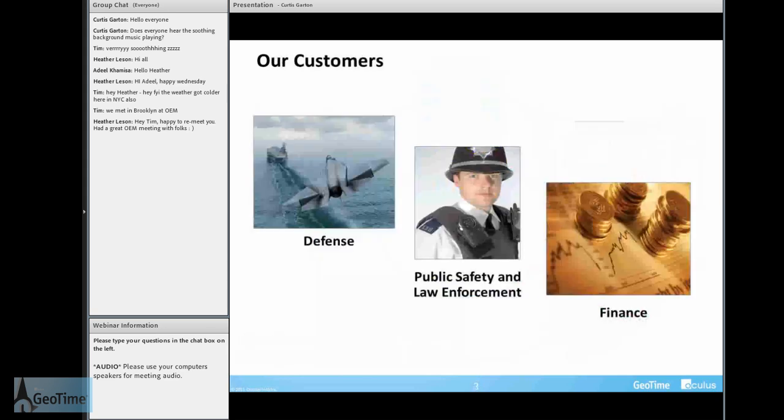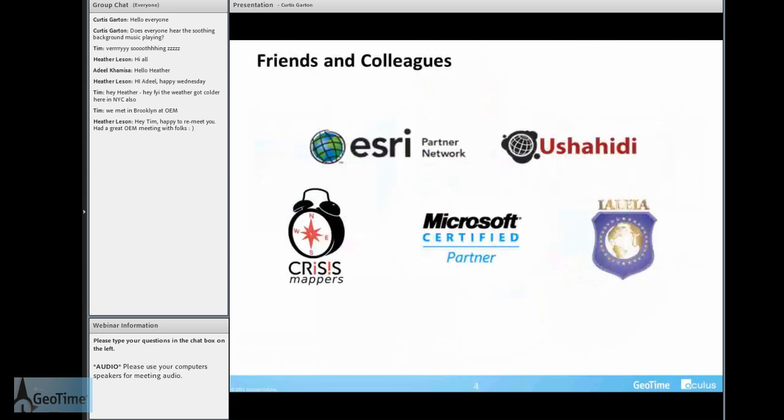Some of the different areas that we work in are defense and government, law enforcement and public safety, as well as finance. All have similar problems with very, very large data sets, complex data that they need to understand to make decisions.